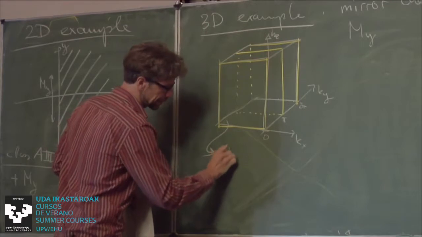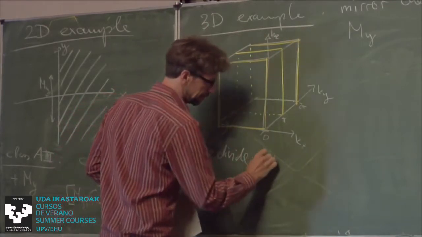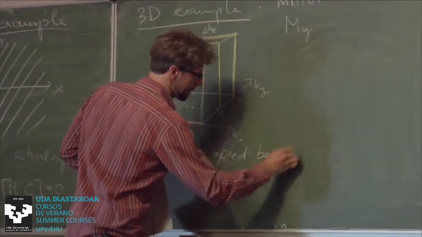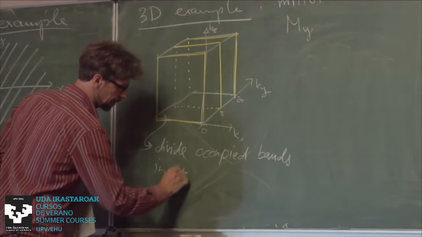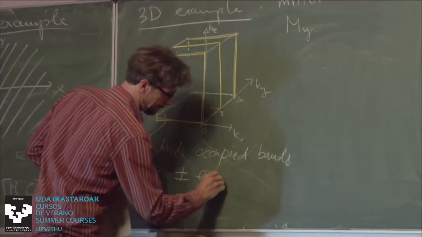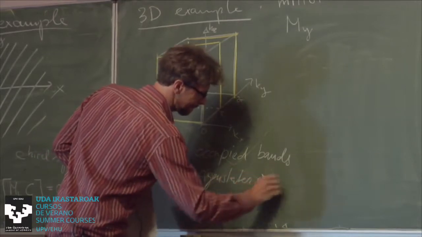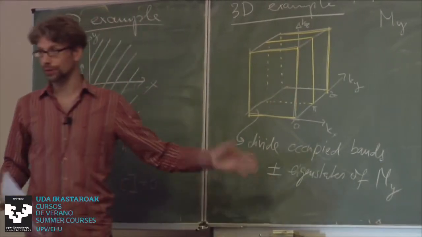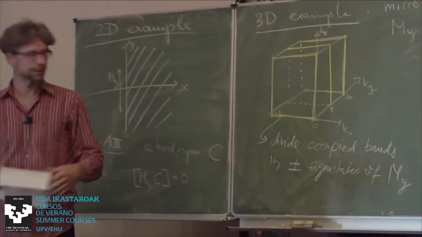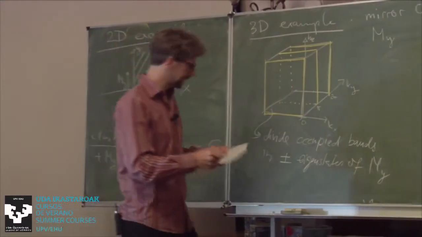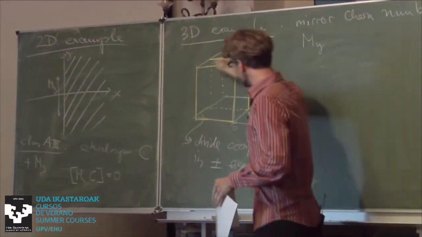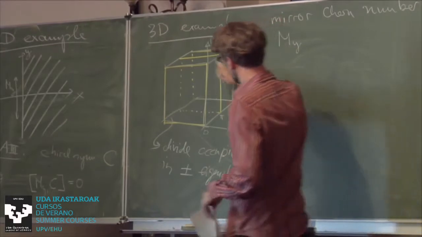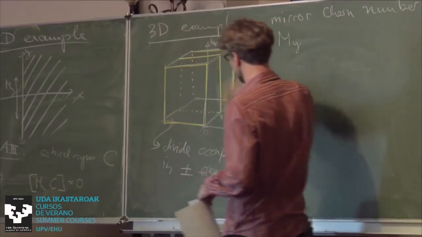So divide the occupied bands in the eigenspaces of plus or minus eigenvalue of My, or plus or minus i, depending on whether you have a spinful system. Then I have a two-dimensional manifold of states, states living on a 2D manifold, Kx, Kz.